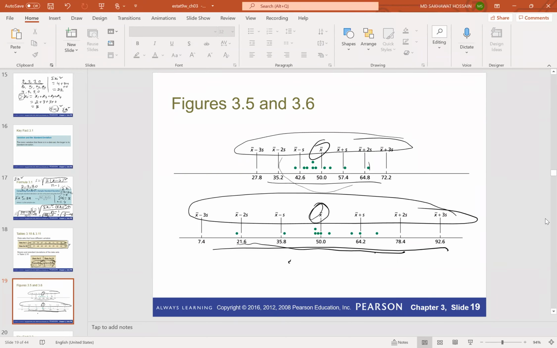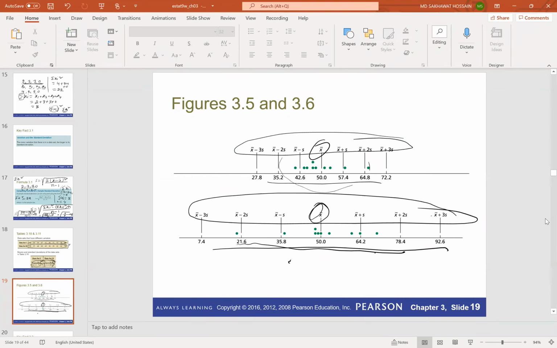If you add 3 standard deviations to X bar and subtract 3 standard deviations from X bar, then most of the numbers will be between these two numbers. This is always true for a symmetric distribution. Sometimes you will have some observations outside these 3 standard deviations; such an observation is an outlier for that data set.